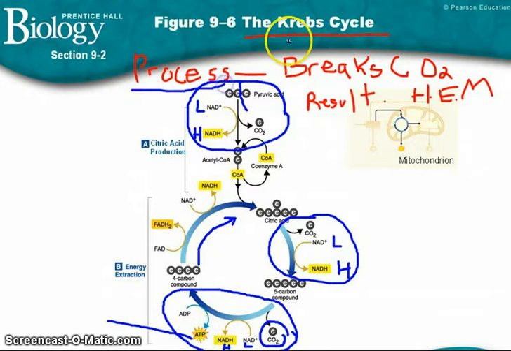So in summary, think of the Krebs cycle as a process of breaking carbon dioxides off molecules, releasing energy. That energy is temporarily passed from a low energy molecule to a high energy molecule. Now why don't we just break this 6-carbon glucose molecule down all at one time? That's kind of the difference between a slow fire and an explosion.